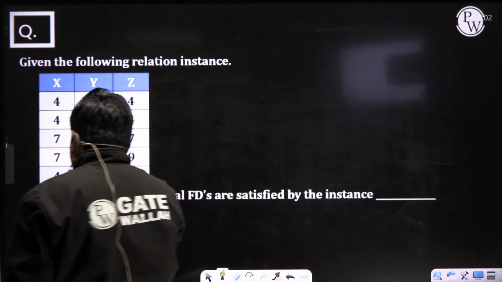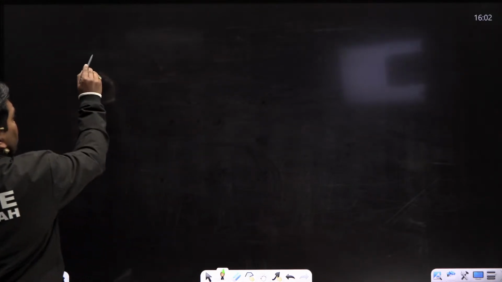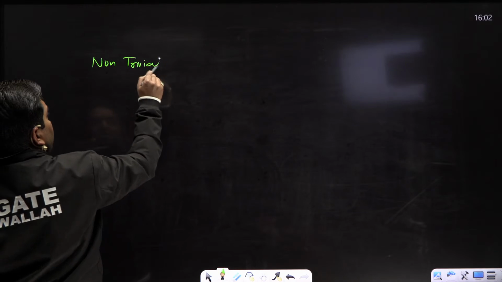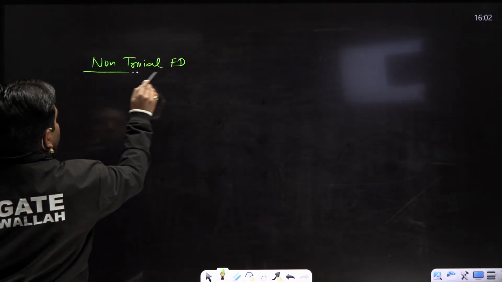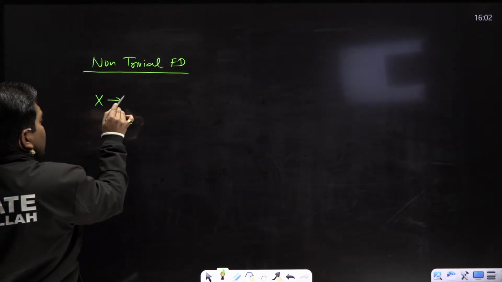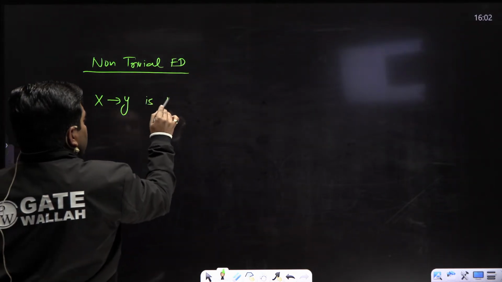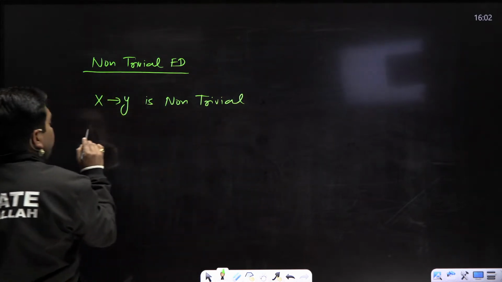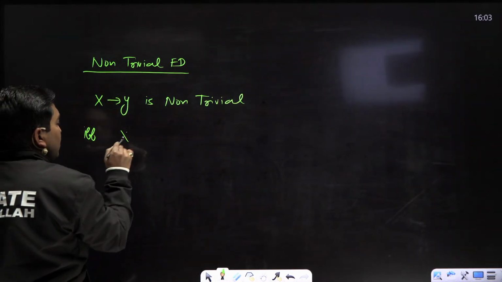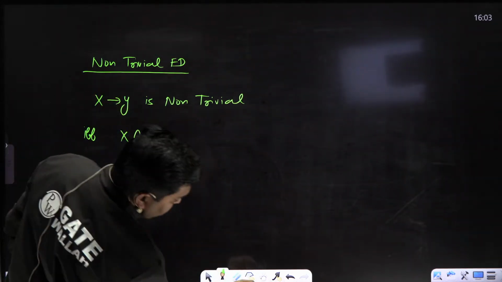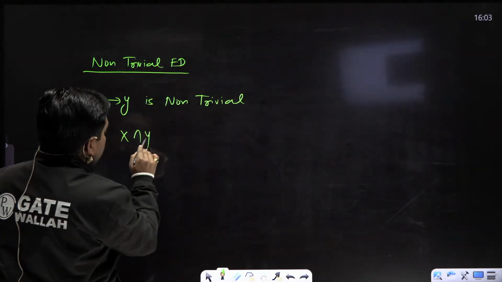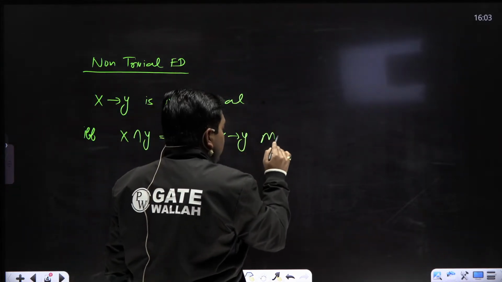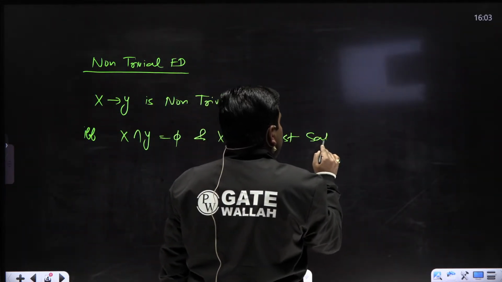Do you know what is the meaning of non-trivial FD, my dear student? First of all, what is the meaning of non-trivial FD? Already I told what is the meaning of FD. Non-trivial FD means what? X tends to Y is non-trivial if and only if X intersection Y is phi, and X tends to Y must satisfy the FD definition.